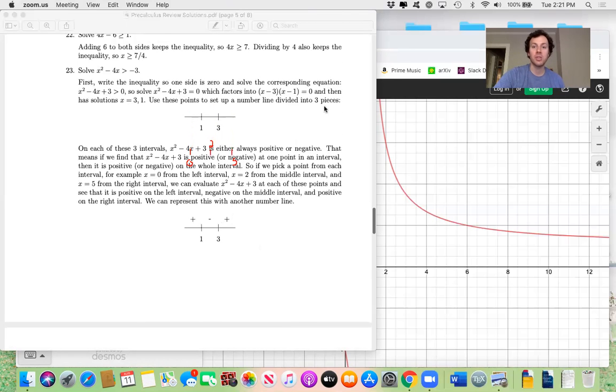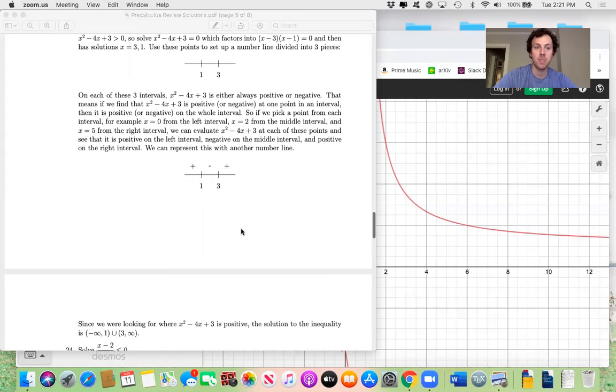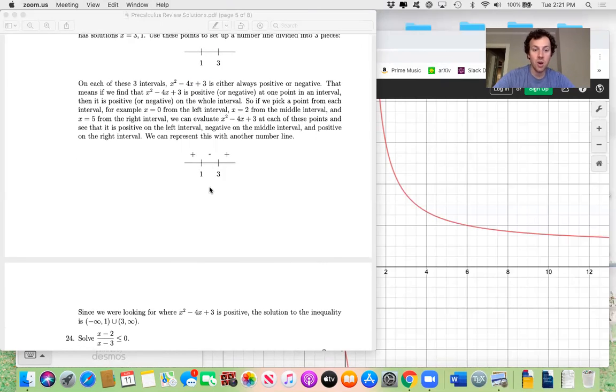So the way we can represent this, we don't need those numbers anymore, we don't really care what numbers we got when we put in 0, 2, or 5, or whatever your test points are. All we care is, did we get positive or negative numbers? So we know that we were positive on these outer parts and negative on the middle part.